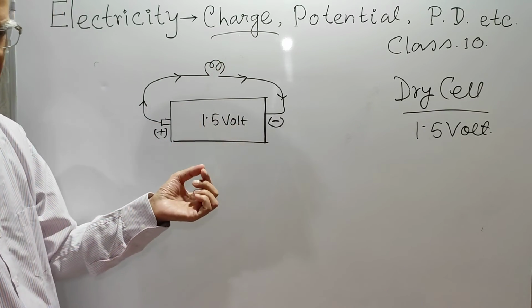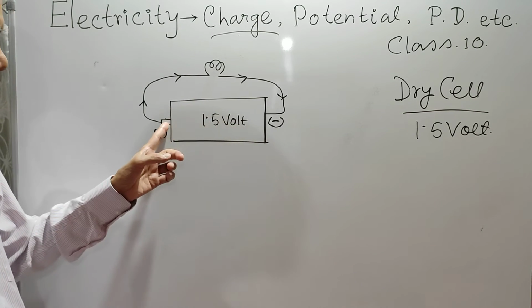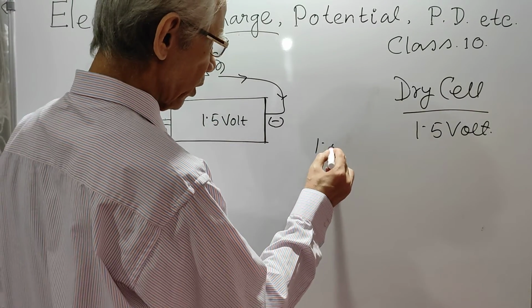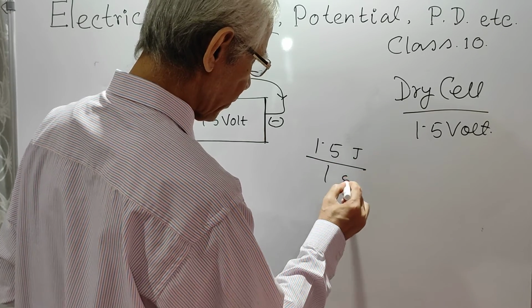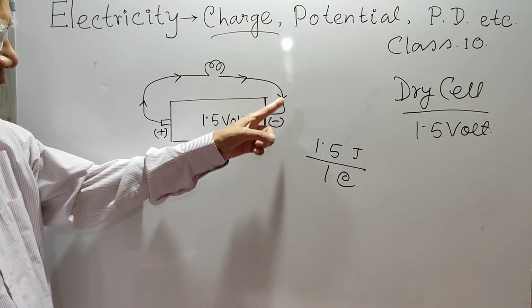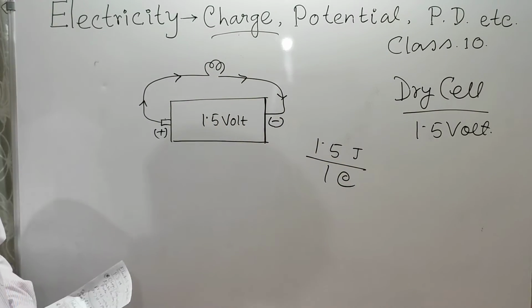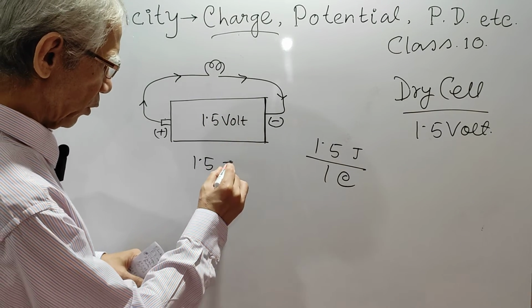The battery, through the chemical reactions of the battery. The battery is pushing the charge at what rate? 1.5 volt, that means 1.5 joules per coulomb. So to push 1 coulomb of charge, this cell is doing what work? 1.5 joule. So 1.5 volt means 1.5 joule per coulomb.